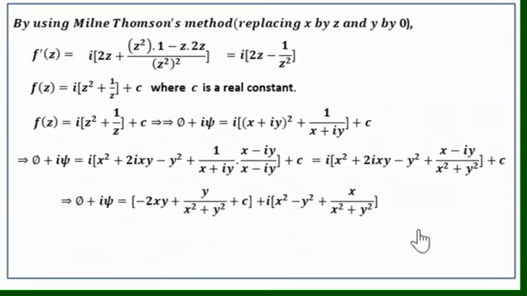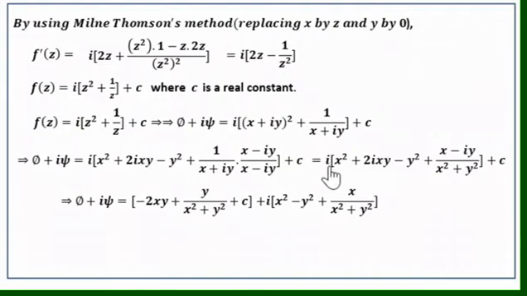Next, the real part in this right hand side. To get the real part we multiply the first term by i, so i into 2ixy is minus 2xy, the first term in the real part.